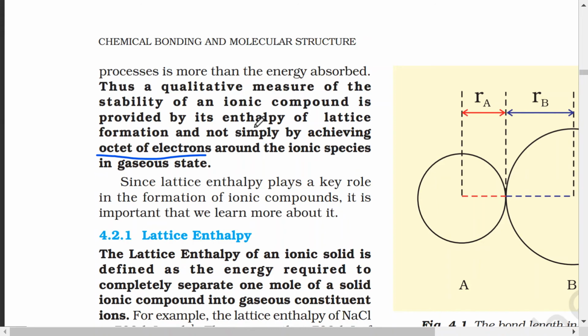If it has very low lattice energy, then the bond will break very easily, which means it is least stable, right? So to have greater stability, we need to have lattice energy.